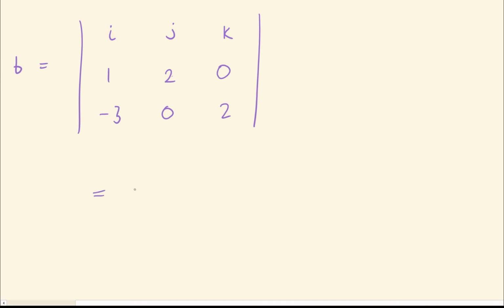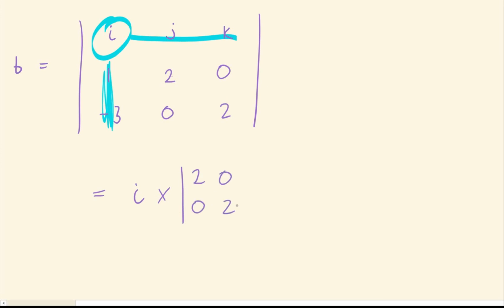So this will equal i, times the determinant of what's left. Remember, for the determinant, we work out i, then cross off the row and the column, and it's the determinant of what's left. Next we have minus j. Remember, it goes plus, minus, plus, so we need minus j, times the determinant of everything we're left with.